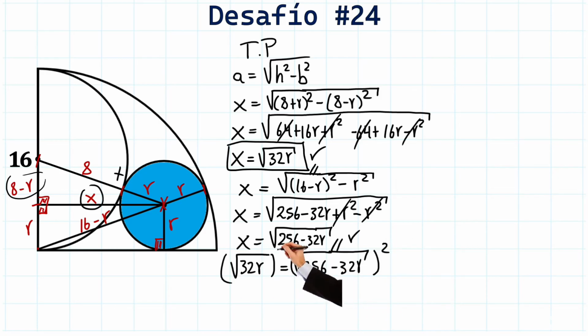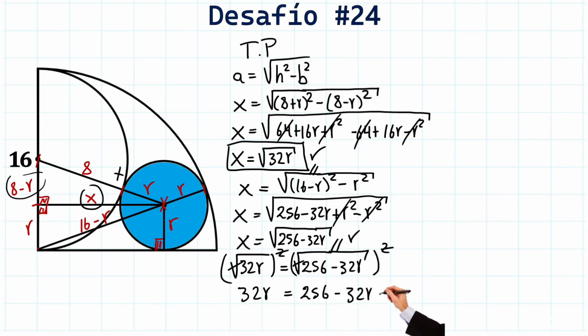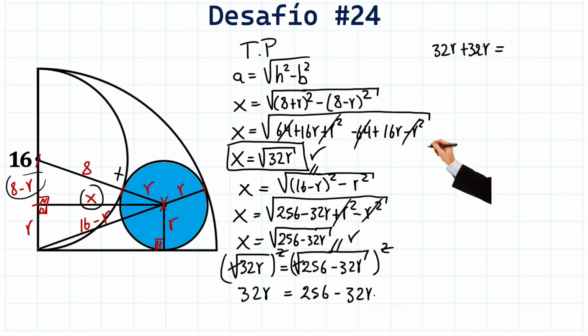The index cancels with the exponent and we have 32 times r as a result. Here the index and the exponent simplify, leaving us with 256 minus 32r. We continue here. So we move this negative 32r to the other side and we have 32r plus 32r, and this is equal to 256. Isn't that amazing? 256, very good.